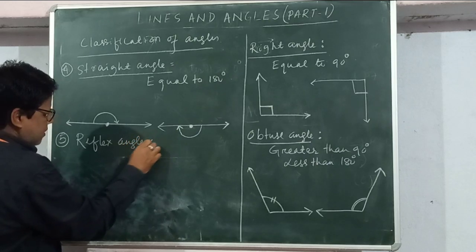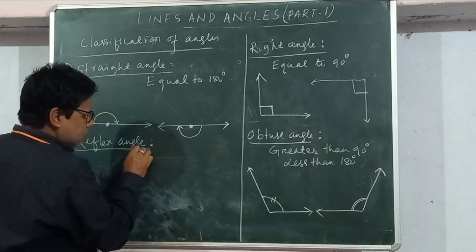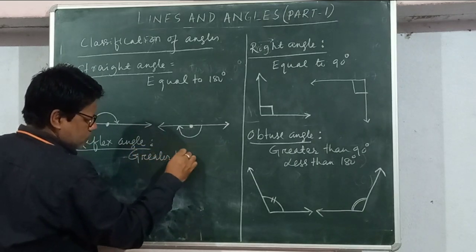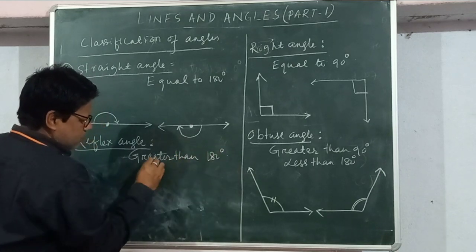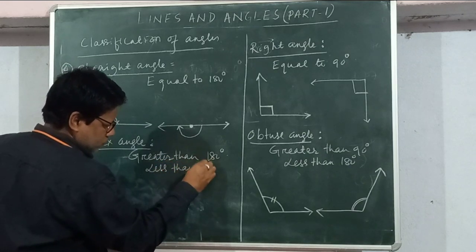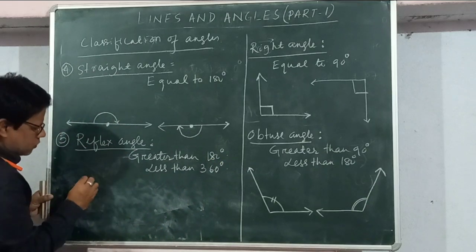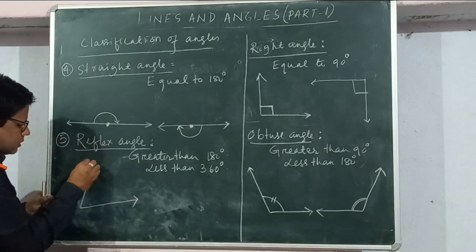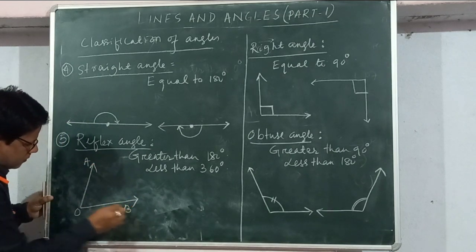Now comes the reflex angle. An angle whose measure is greater than 180 degree but less than 360 degree. Suppose the angle is in this form. This is an angle AOB.